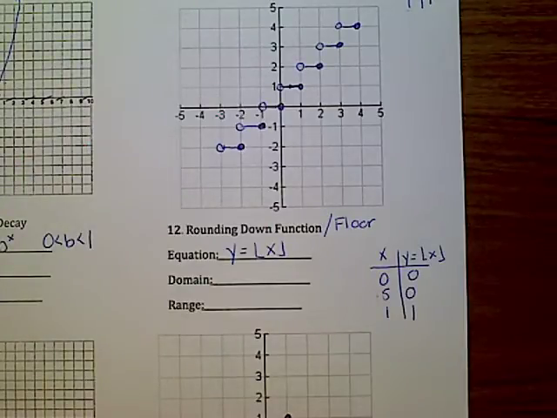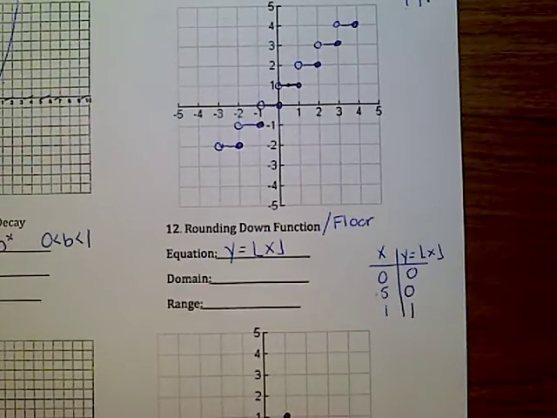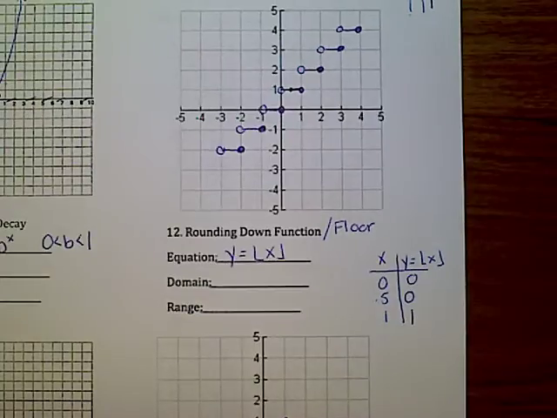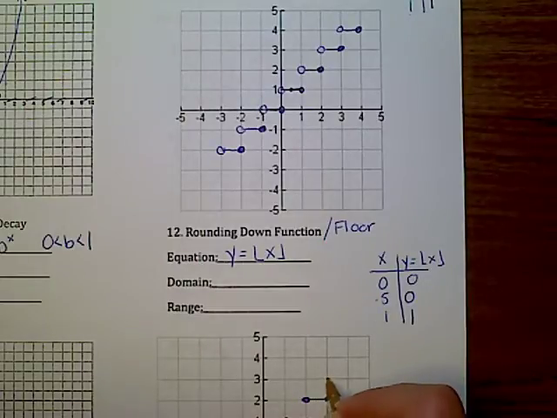So what this ends up doing, if you see that these two dots are on the same line, that's got to be a step. This dot is filled in, so right below it would have to be open. And then we can just kind of keep that pattern going. Do a couple in the positive direction and a couple in the negative.